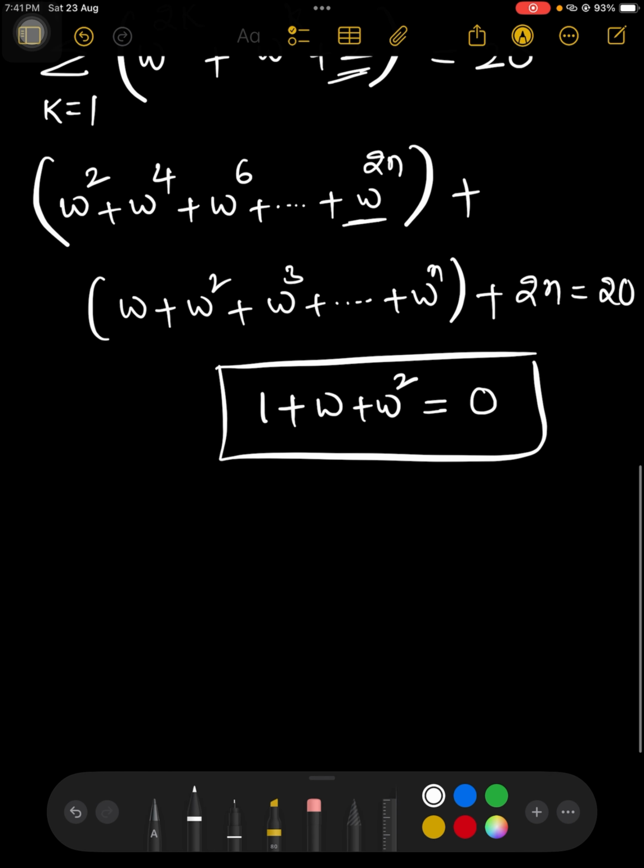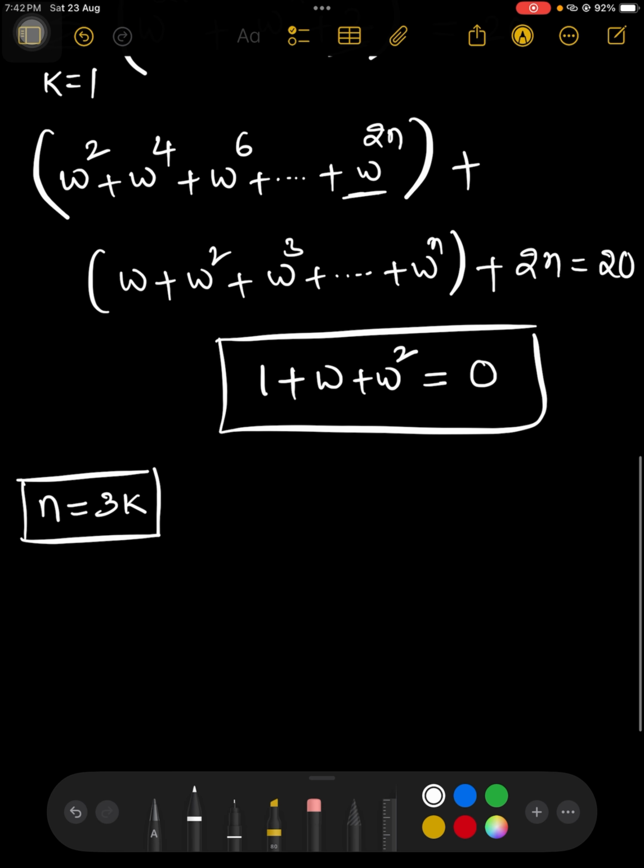So let's consider that n equals 3k first, n is a multiple of 3. Then we will get an exact perfect pattern, like 1 plus omega plus omega square equal to 0.